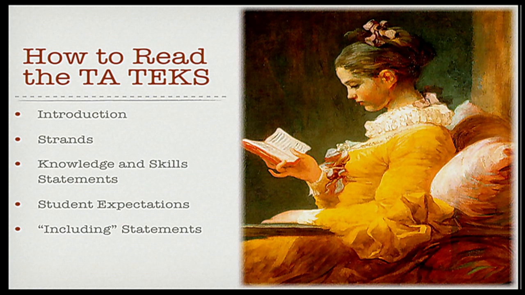And then in each TEK, we're followed by the student expectations and the number of expectations in each one of our grade levels. And then finally, we talked about the including statements. What are those including statements? Those are those non-negotiable statements that the students must learn as part of the technology application TEKS.